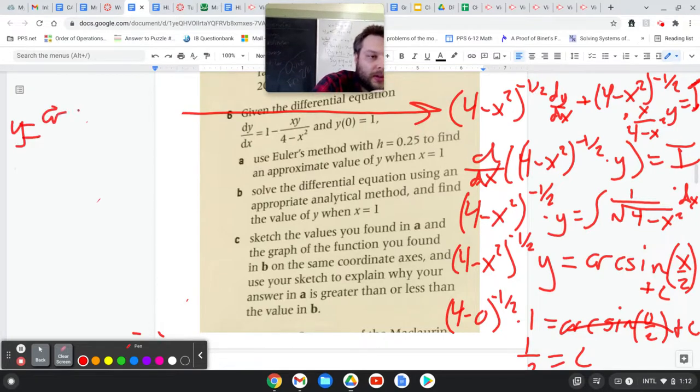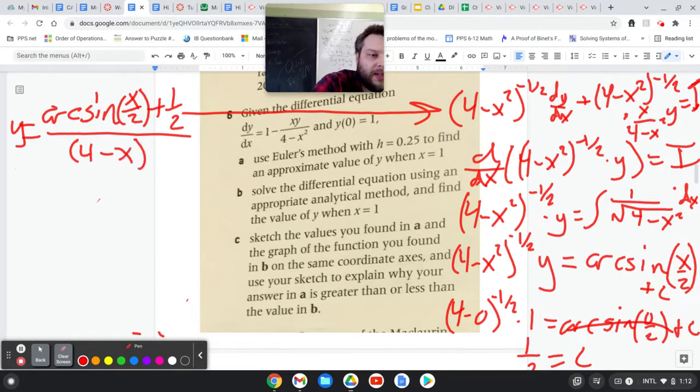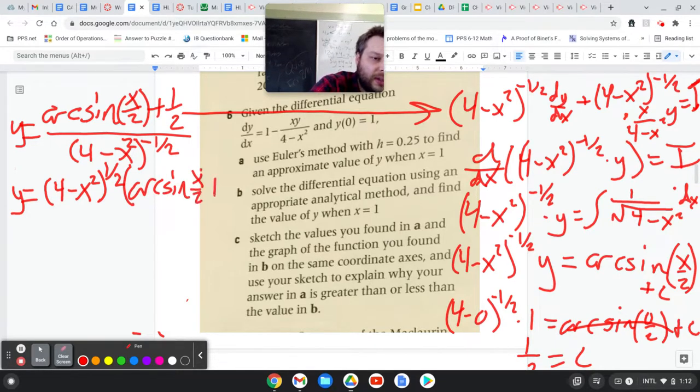Y equals arcsine x over 2 plus c, which turned out to be a half, divided by 4 minus x squared to the negative 1/2. I don't really like the negative 1/2 on the bottom, so let's just bring it up top. 4 minus x squared to the half times arcsine x over 2 plus 1/2, like so.